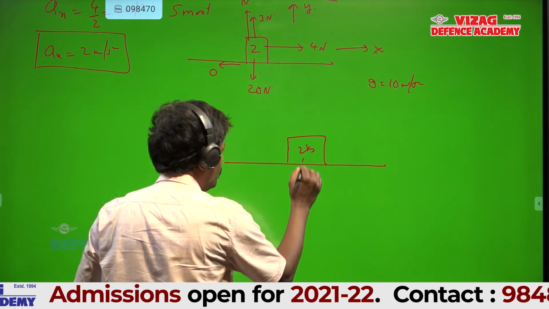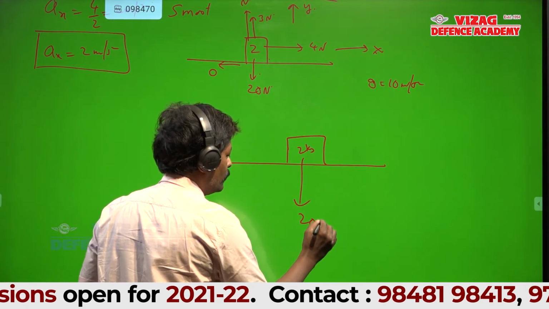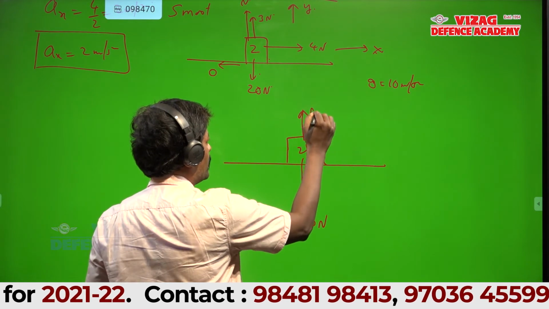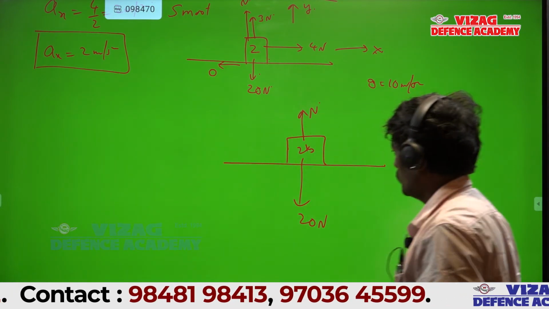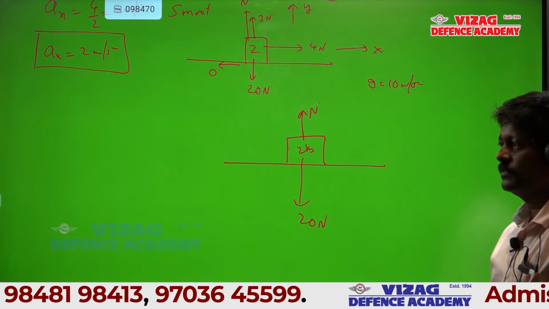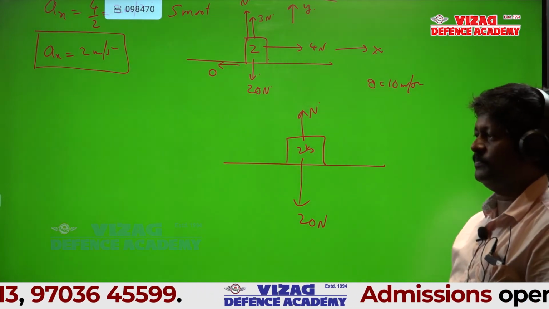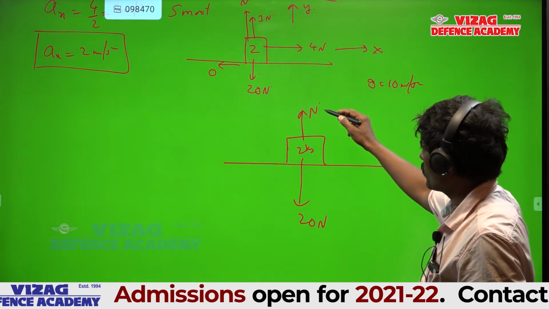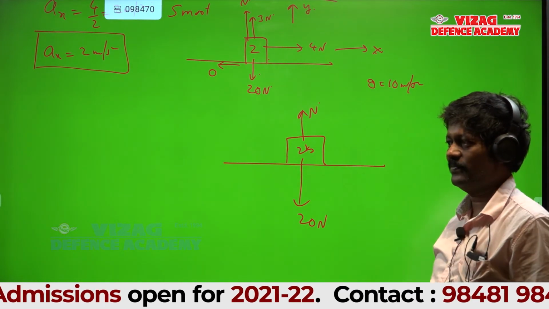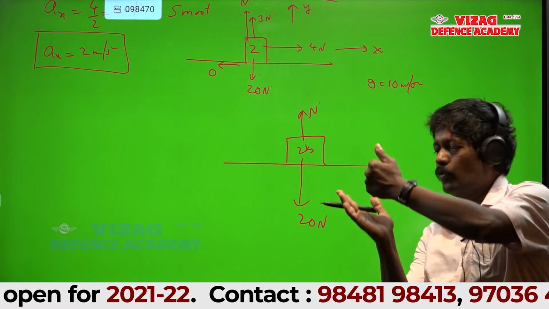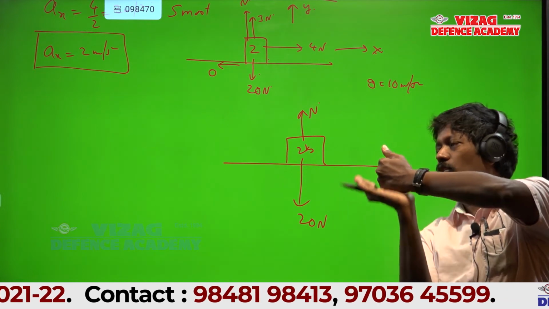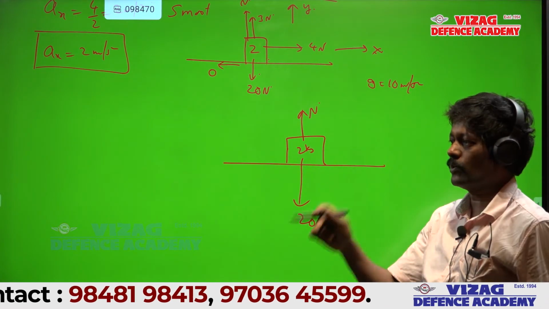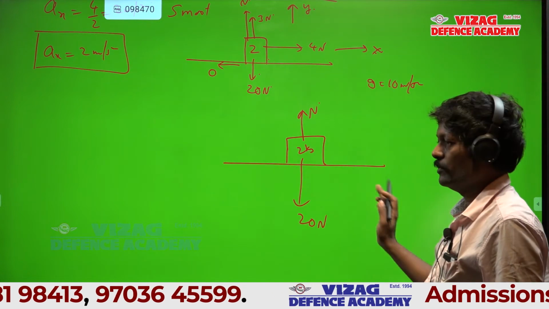Then what you have is mg down, 20 Newton, and normal reaction up. So normal reaction is how much? 20 Newtons. So if I put this on the weighing machine, it will record the normal reaction, the force given by the cell on the body, 20 Newton.